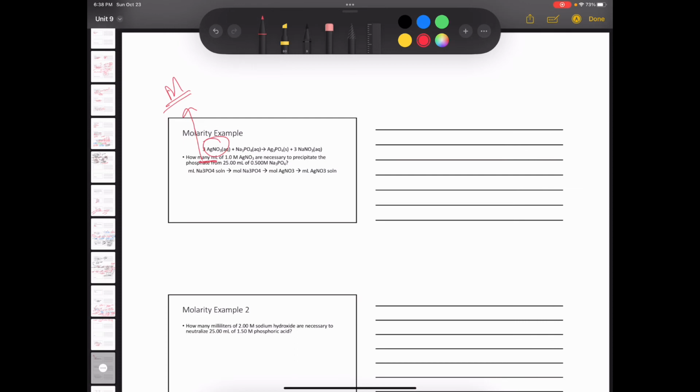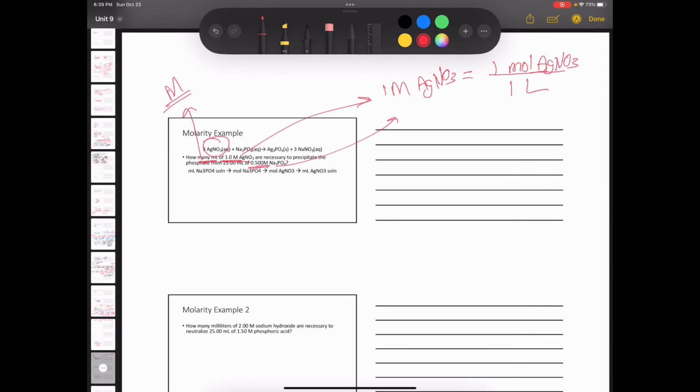First thing I would do, every time you see molarity, please convert it in a way that you can use it as a conversion factor. How do you do this? 1 molar AgNO3, using the molarity formula, means 1 mole of AgNO3 in 1 liter of solution.